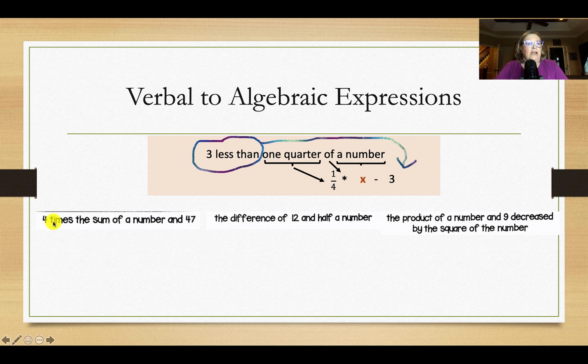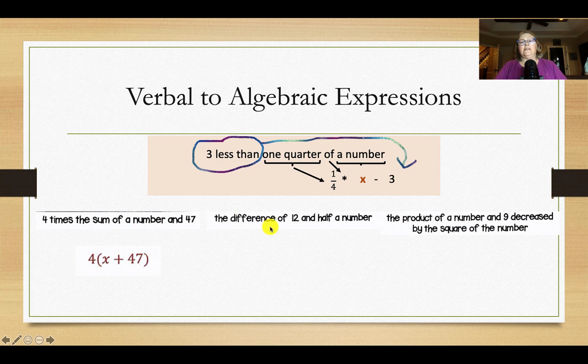All right, so let's look at 4 times the sum of. So this is not of by itself, this is the sum of a number and 47. So the sum of is plus. So we have a number, x, plus 47, times 4. All right, the next example, the difference of.